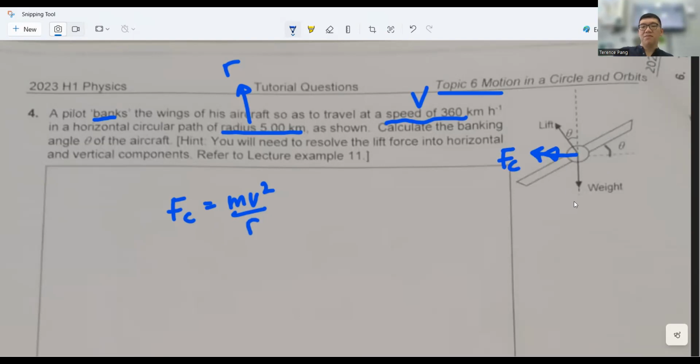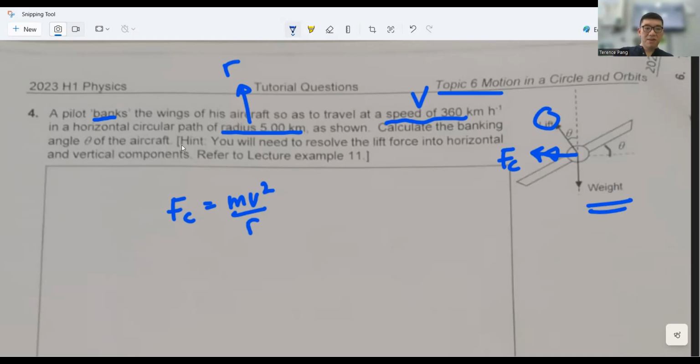Again, F_C is not a real force. F_C is a net force. Your lift force will have to provide for the net force F_C, and it also provides for the weight. So that's how pilots make a turn. When the lift force is tilted at an angle, it provides a centripetal force, causing the plane to turn.